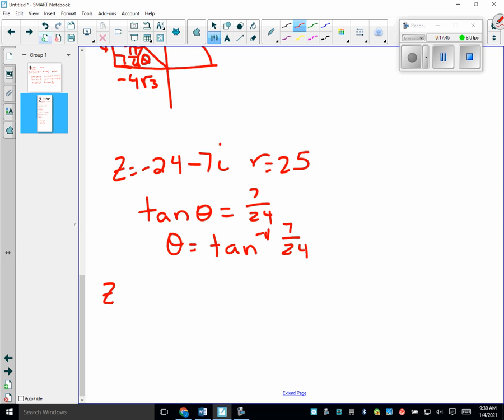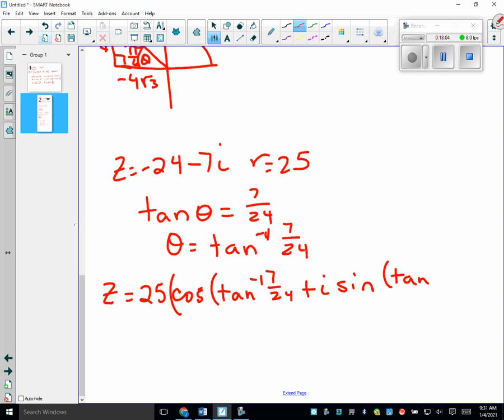So my complex number is 25 times the cosine of the arctangent of 7 over 24 plus I sine of the arctangent of 7 over 24. Correct? Is that right?